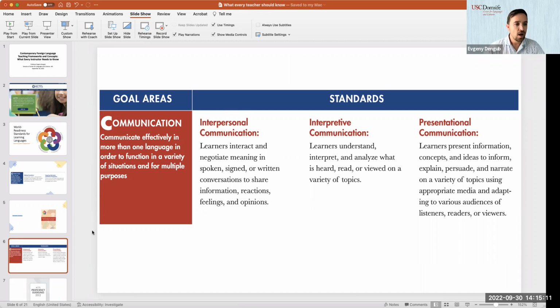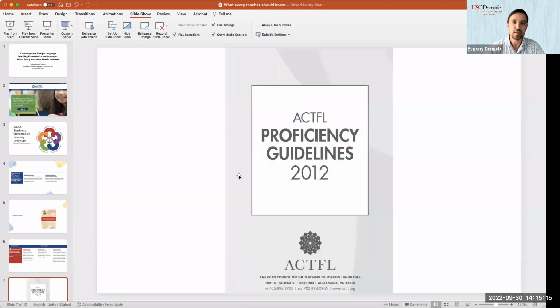All right. Okay, so another important document is the ACTFL Proficiency Guidelines, 2012 edition. If you had to read one thing from ACTFL, that would be the ACTFL Proficiency Guidelines.